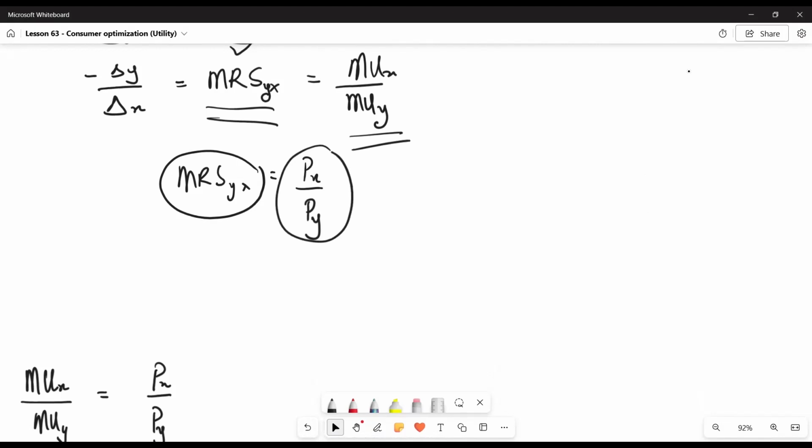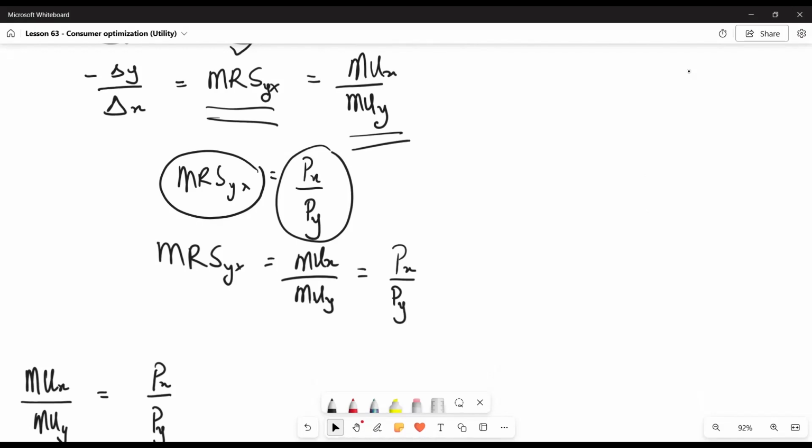Now we can rewrite this equation as the marginal rate of substitution being equal to the ratio of the utilities as we have shown above, and this also being equal to the ratio of the prices, which is the slope of the budget line. Which means that we can characterize consumer equilibrium either in terms of the marginal rate of substitution between the two goods or in terms of the ratio of their marginal utilities.